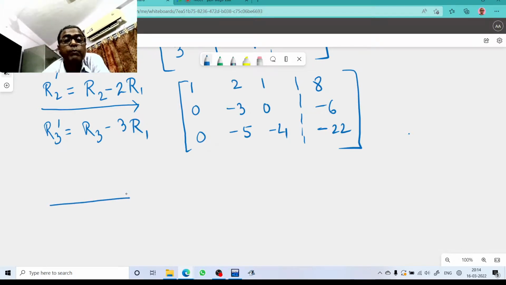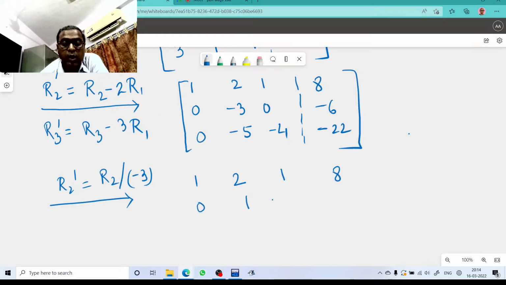So applying the next row operation, R2 dash equals R2 by minus 3. So 1, 2, 1, 8, 0, 1, 0, 2, 0, minus 5, minus 4, minus 22.